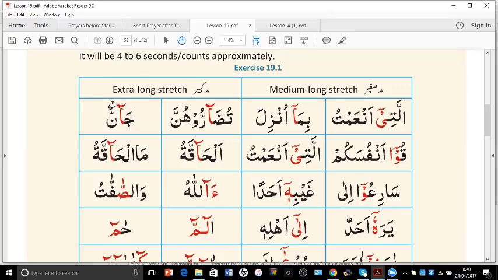So for the moment, this zamatain, just ignore it. Let's get the sound of the jar with the 4 seconds joining on with the noon ghunna because of the mushaddad noon, okay? Jan. Jan. Well done.